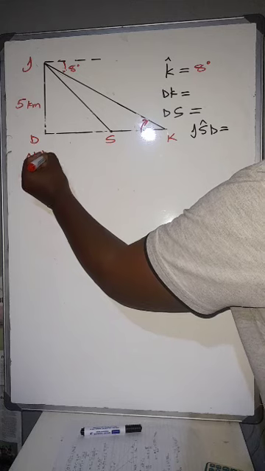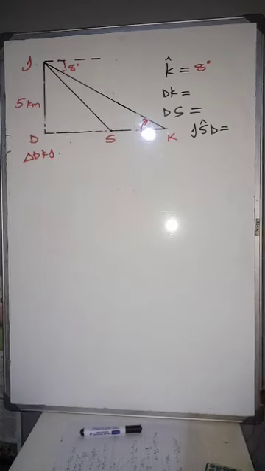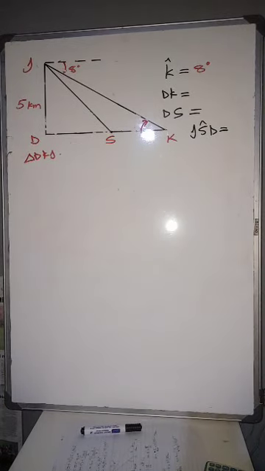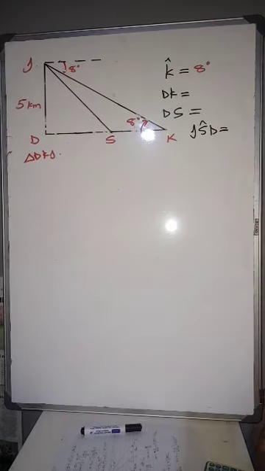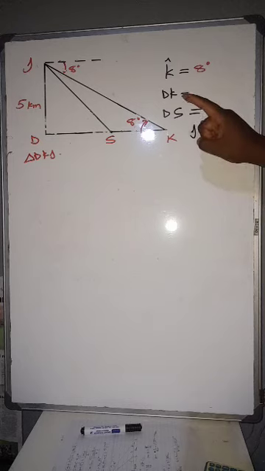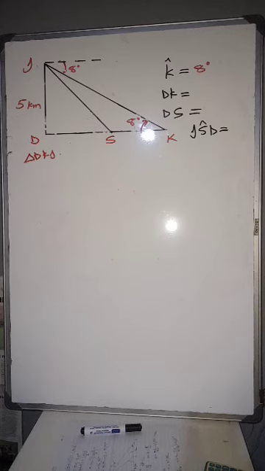So we use that triangle DKJ. In this triangle DKJ, we have seen that this angle is 8 degrees, alternate angles. Remember, whenever you get new information, you need to add it to the diagram. That's going to help you to see things clearer.